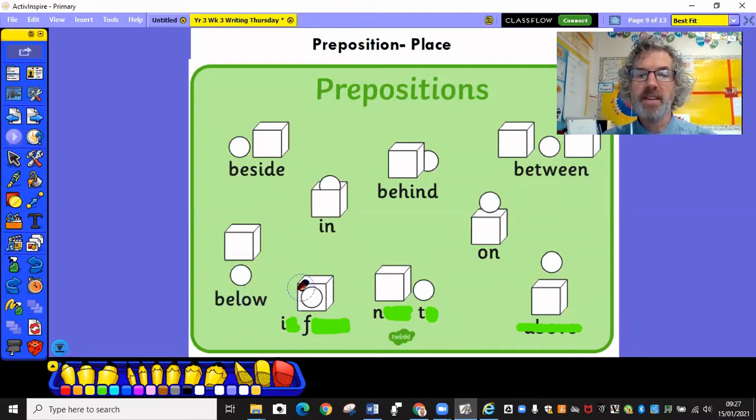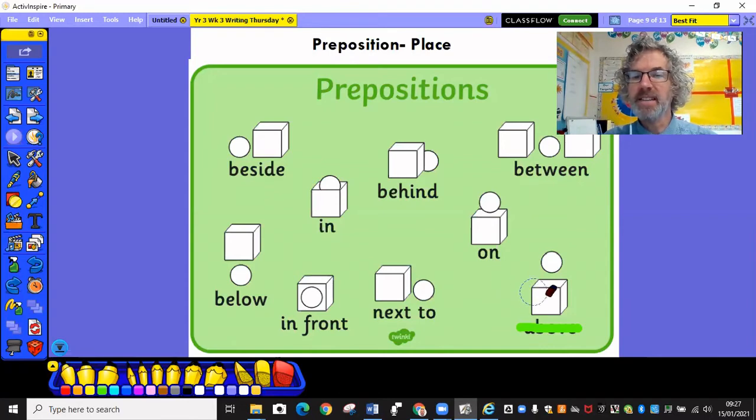This one's a bit trickier. Where is the ball compared to the box? 2 words. An I and an F have been given to you. Well done if you said in front. This next one has the ball sitting by the box, but it's 2 words, an N and a T, next to.